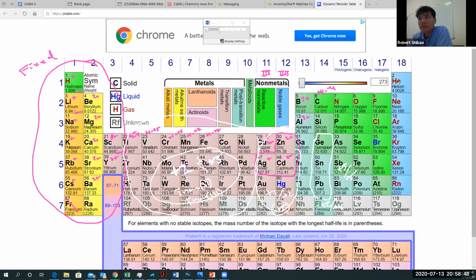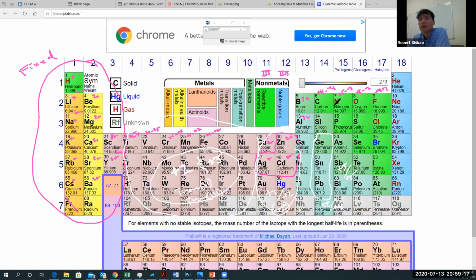Nitrogen can lose 5 to be like helium, or gain 3 to be like neon. So if it loses 5, it'll be +5 to -3. Oxygen can lose 6, +6 to -2. Fluorine can go +7, although fluorine doesn't really go +7. I'm just saying in this column, to -1.